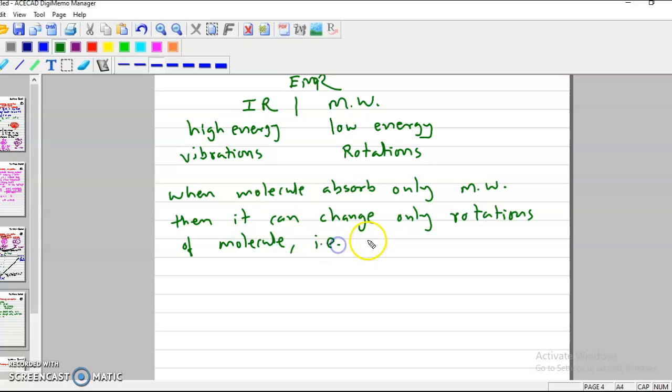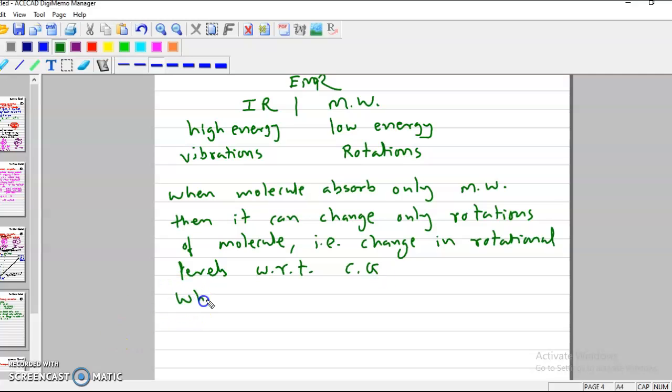That is, a change in rotational levels appears with reference to the center of gravity.